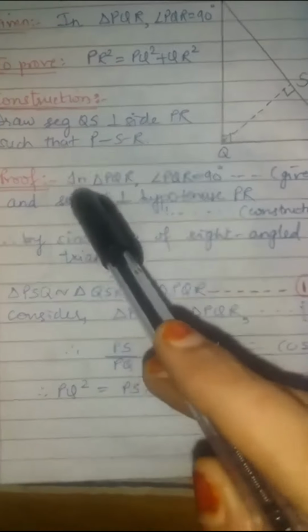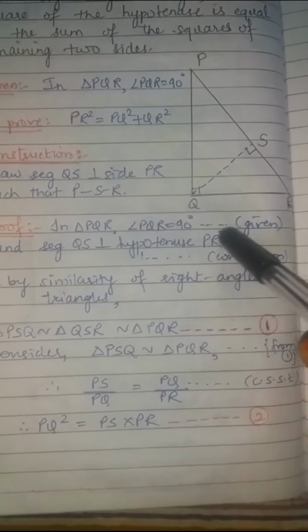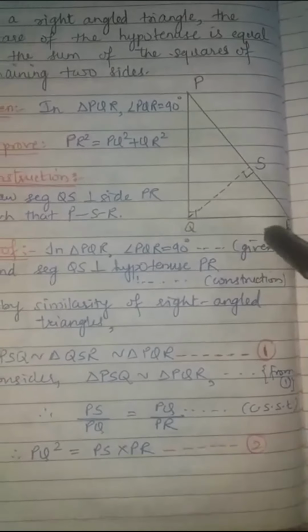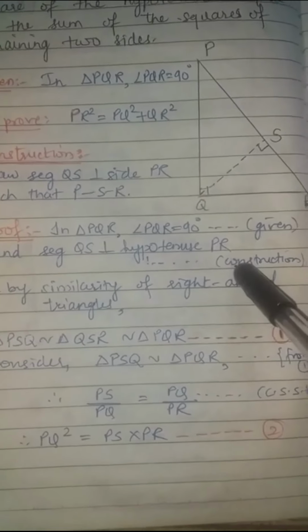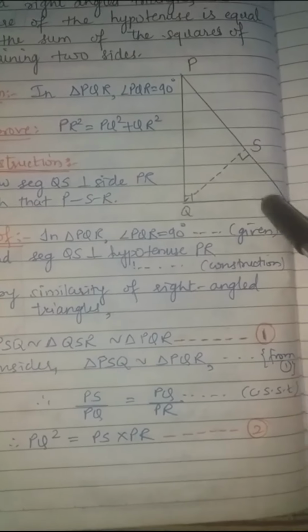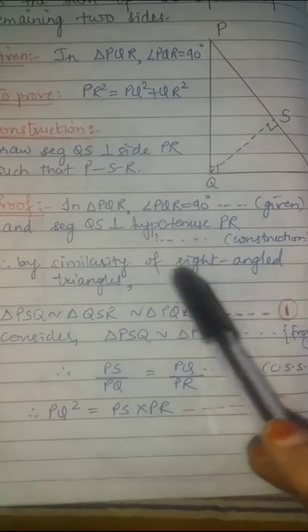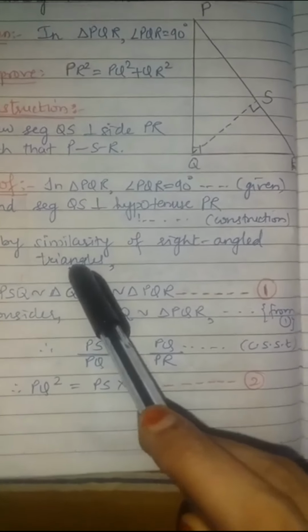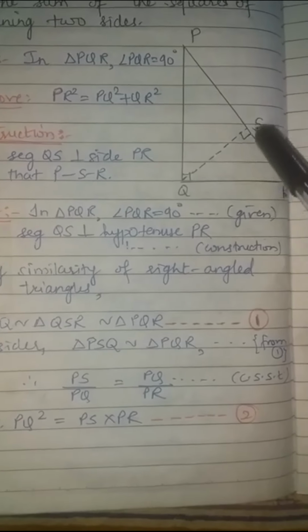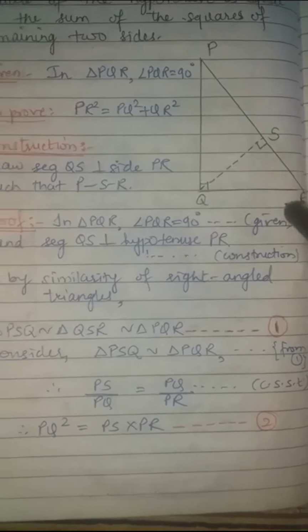Let us start with the proof of the theorem. In triangle PQR, angle PQR is 90 degrees, that is already given to you, and segment QS is perpendicular to hypotenuse PR, that is by construction. So we have the given condition, and by construction a segment which is perpendicular to the hypotenuse. Then definitely you can apply the similarity of right angled triangles which you have already studied in your previous lecture. So by similarity of right angled triangles, the triangles on either side of the perpendicular will be similar to the original triangle.